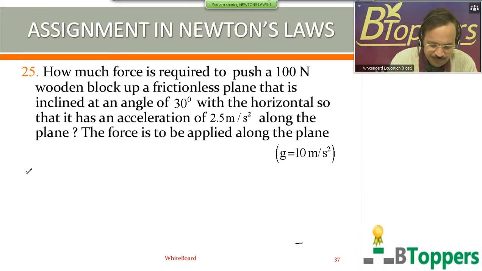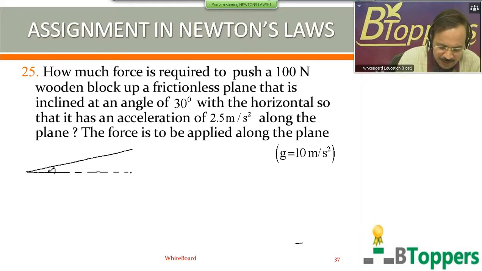So the block is to be moved up along the inclined plane. The plane makes an angle of theta equal to 30 degrees with the horizontal.